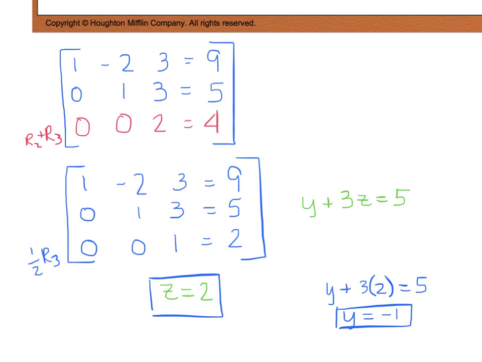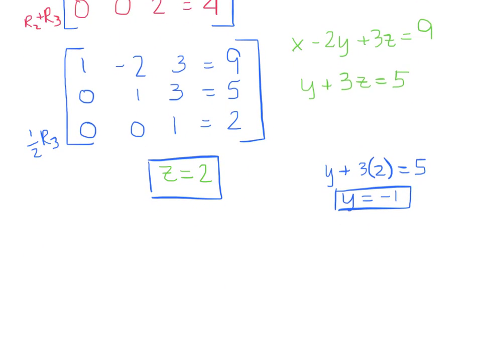and I know that that's really x minus 2y plus 3z equals 9. So when I plug in everything that I know, I see that I have x minus 2 times a negative 1 plus 3 times z, which was 2, equals 9, and I can see that my x then is equal to 1.